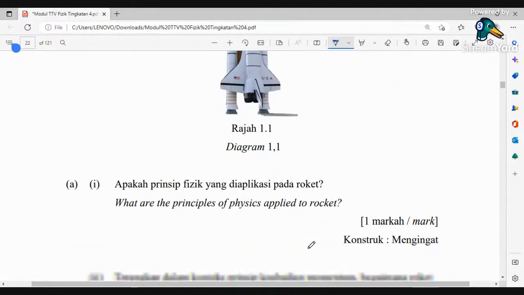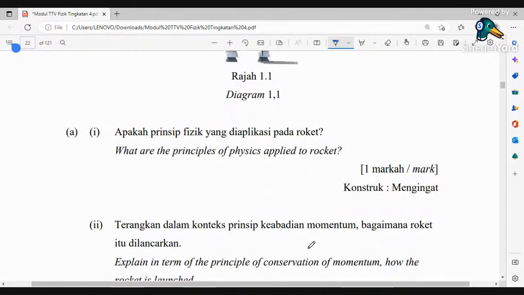Okay, jadi kita tengok soalan. Okay, ini kena jawab dalam space yang diberikan, but I just write here. Okay, supaya lebih senang. So, what are the principle? Jadi jawapannya mesti principle. Okay, kita tahu dia kaitan dengan momentum, but you cannot write momentum.